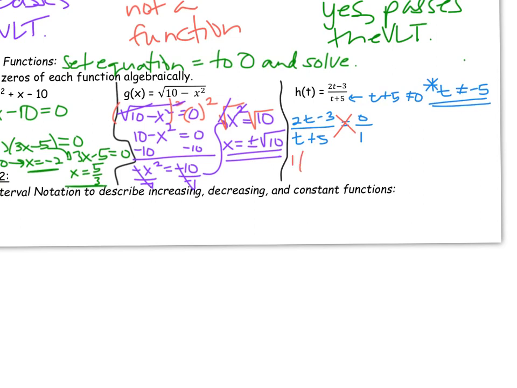I'll take 1 times 2t minus 3 and 0 times t plus 5. And the reason we do this is now we have 2t minus 3 on the left. 0 times anything is just 0 on the right. To solve, I would add 3, and that would give me 2t equals positive 3. And then divide both sides by 2.